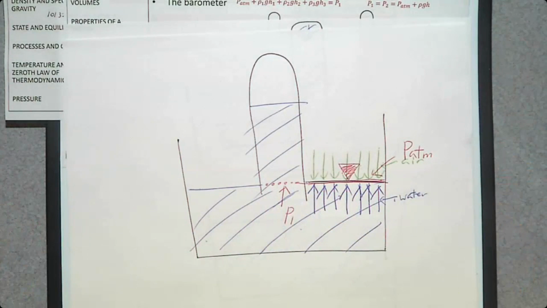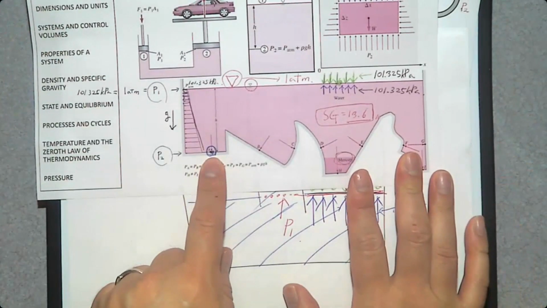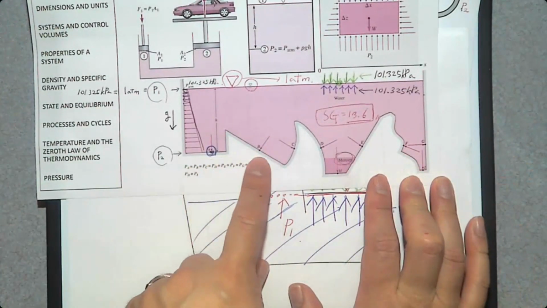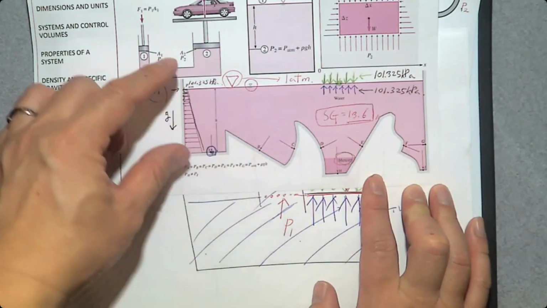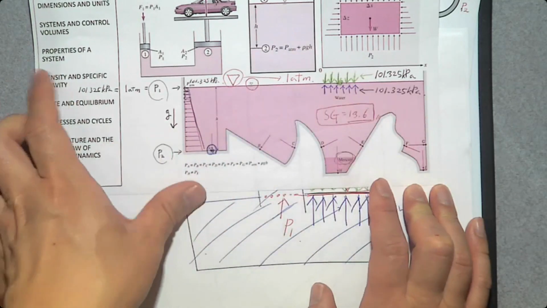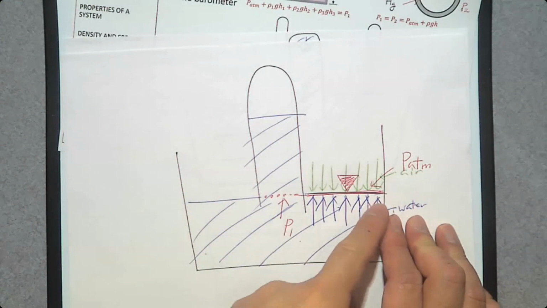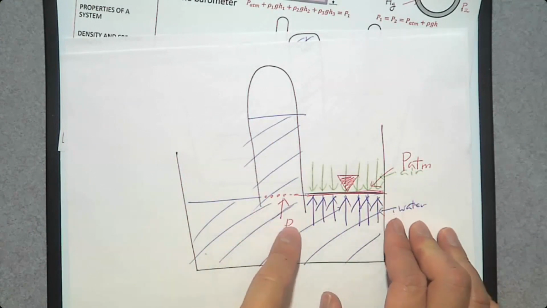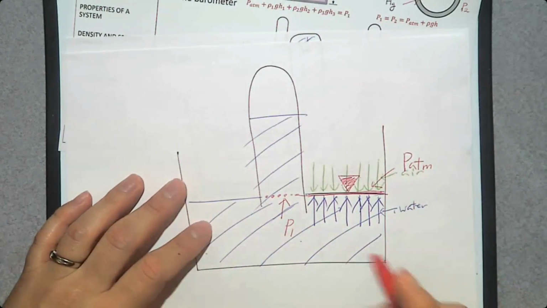Yes, they are the same, because we learned that P1, PA, PB, PC, PD, PE, PF, PG are all the same because they are at the same level within the same fluid. Within the same water and same level, P1 and PATM are the same. So P1 is PATM.